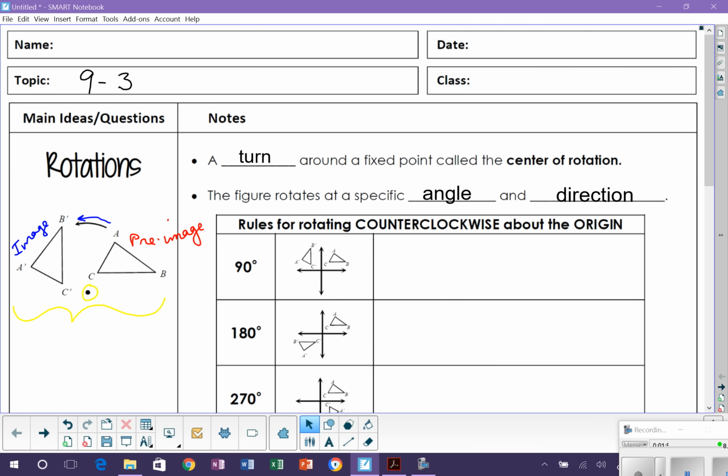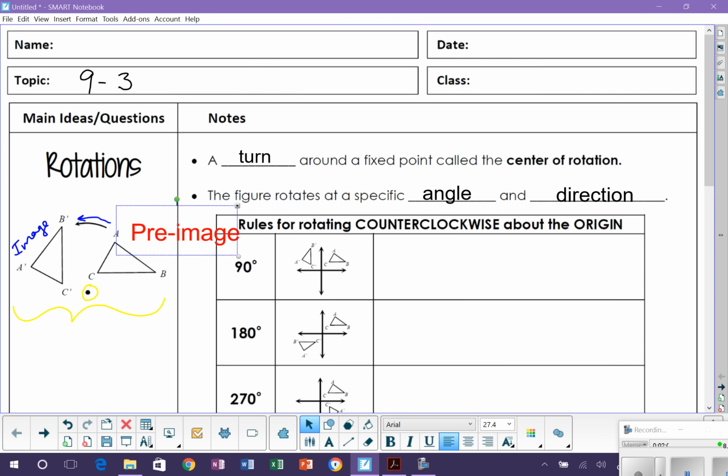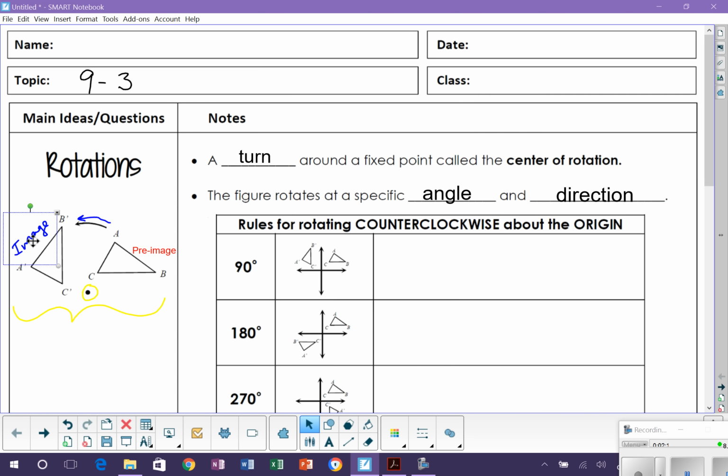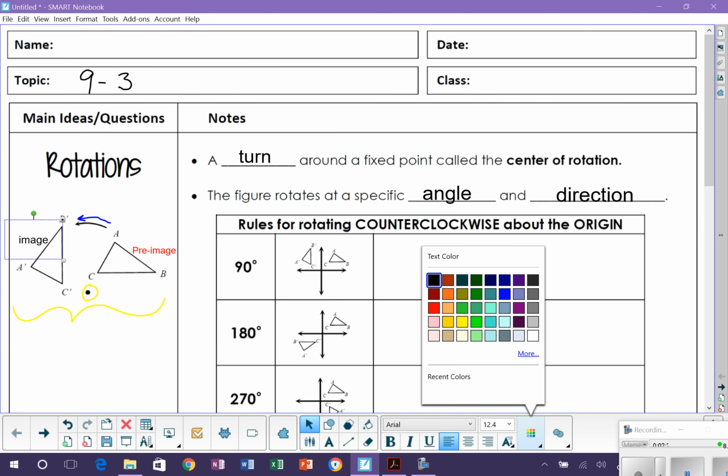Okay, so your pre-image, this is your pre-image, to your image.